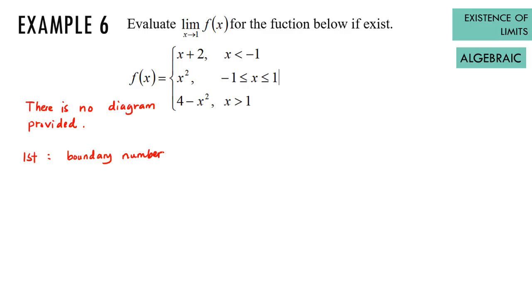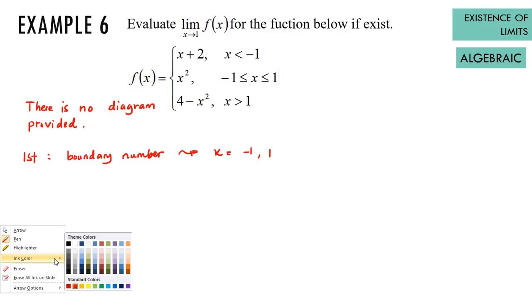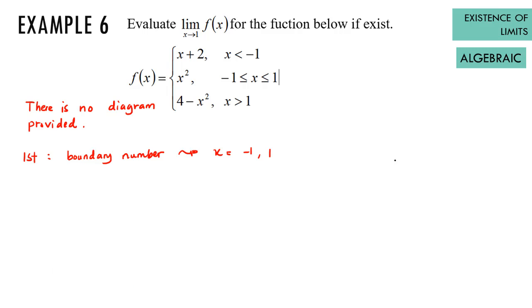Based on this question, the boundary numbers are x equal to -1 and 1. What we need to do now is draw a timeline. Label the boundary numbers in ascending order. The next part is we fill in the corresponding function based on their intervals respectively.